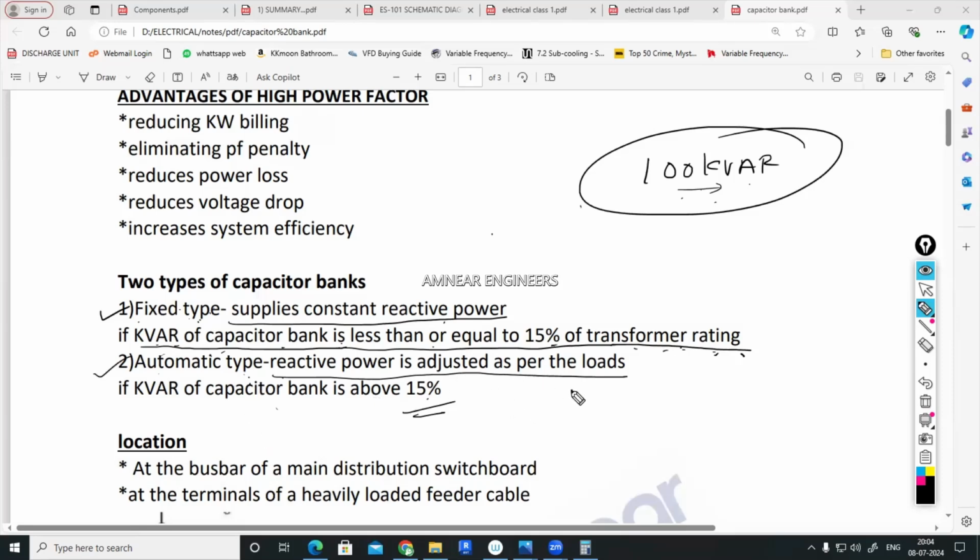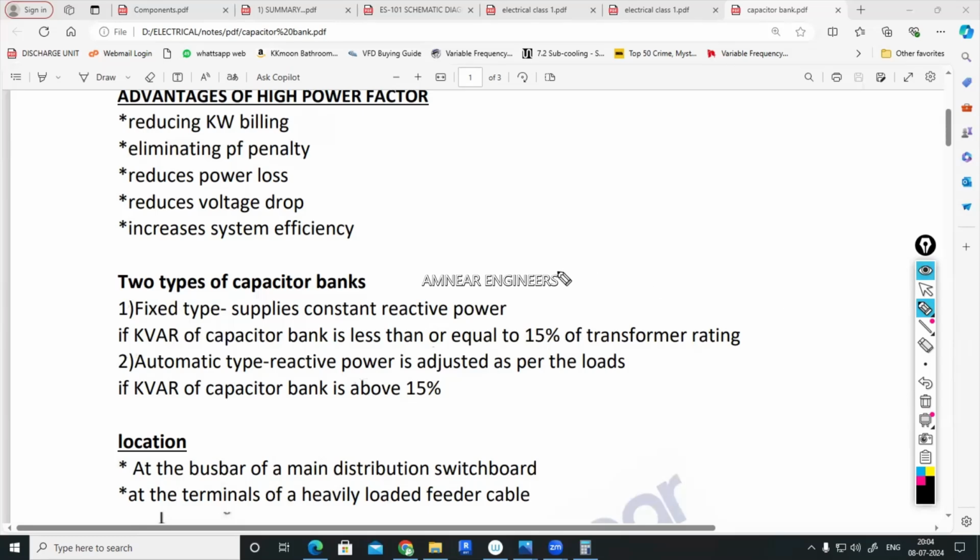It is adjusted automatically. That is an automatic type of capacitor bank. APFC panel means automatic power factor correction panel.